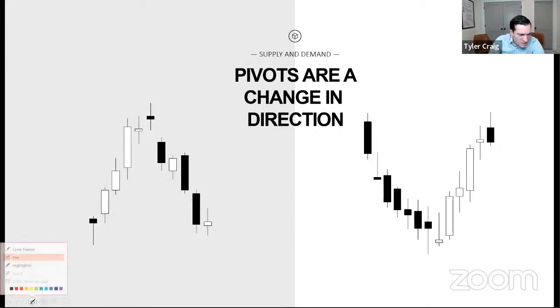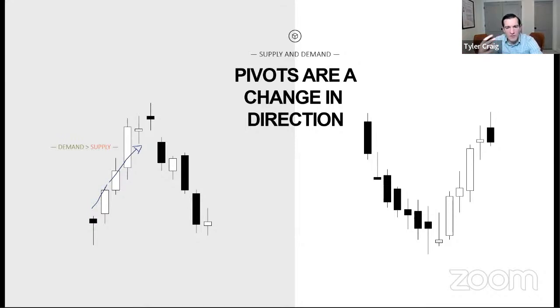So consider the swing here on the left. The stock is rising at the beginning, up, up, up. Demand is greater than supply. Agreed? That's why the price is rising. Well, there comes a point at which demand is no longer greater than supply.